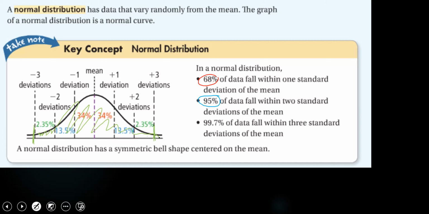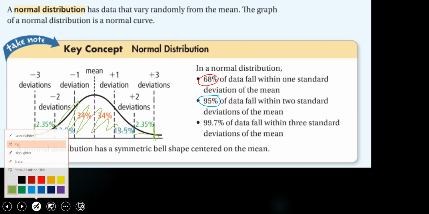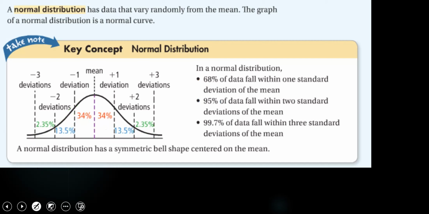Now, I also want you to know that the area, as you see, didn't close, it's open. It doesn't intersect with the x-axis. So what does it mean? As I told you, within 3 standard deviations, 3 from the left and 3 from the right, we found 99.7.